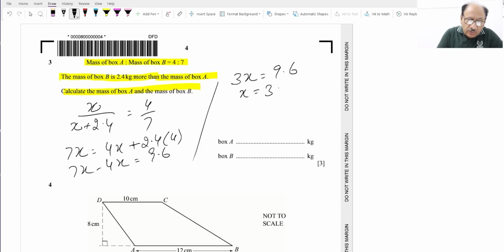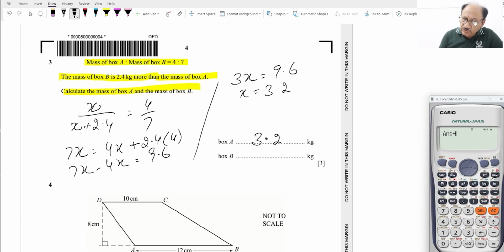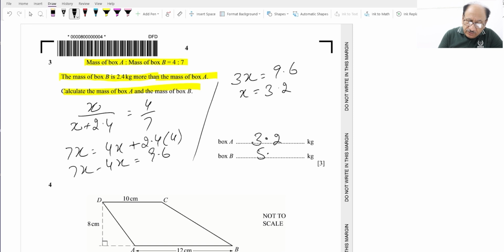So 3.2 will be the x value, and box B will be 3.2 plus 2.4, and this will be 5.6. So 5.6 kilogram will be the mass of box B. So this is a 3 marks question which is done.